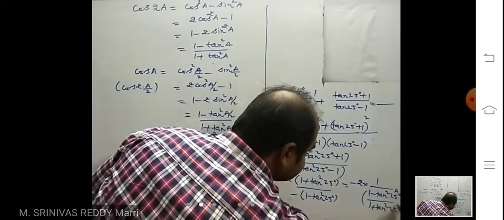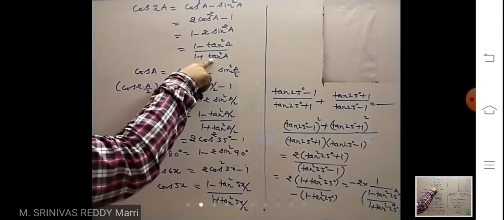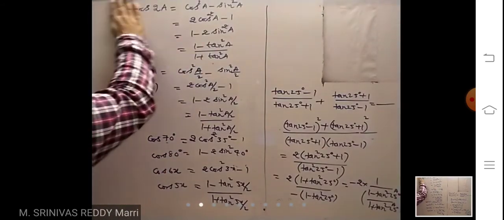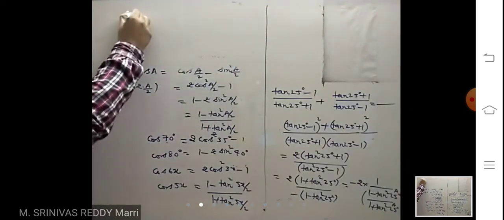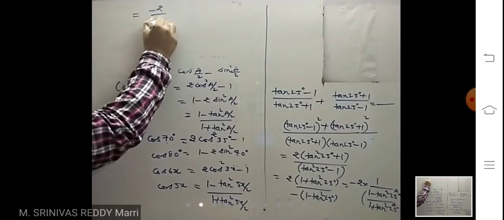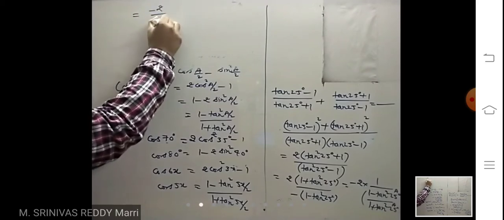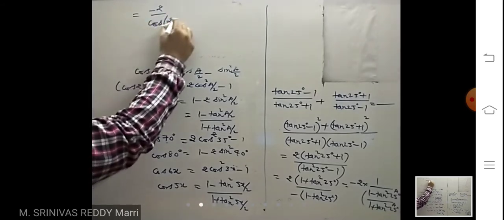This is of the form 1 minus tan square a divided by 1 plus tan square a, which is cos 2a. So minus 2 divided by cos 2a, cos of 2 into 25.